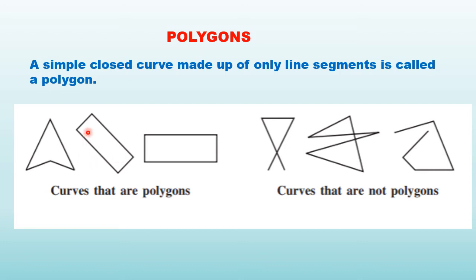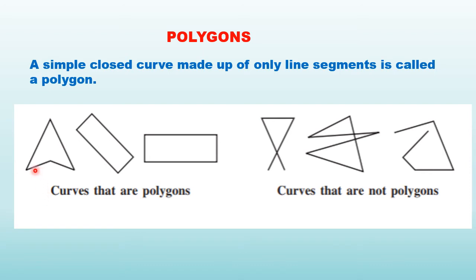They will have only line segments, nothing like a curve, and they must be closed. They are made up of only line segments, nothing like a circle, no curved ends.